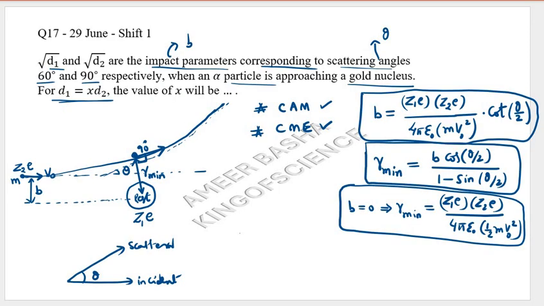So root d1 divided by root d2 will be cot of theta 1 by 2 divided by cot of theta 2 by 2, where theta 1 and theta 2 are 60 and 90 degrees.